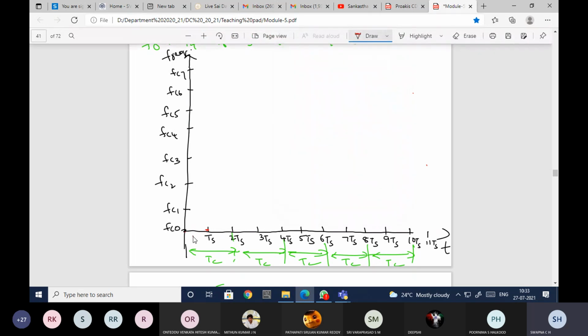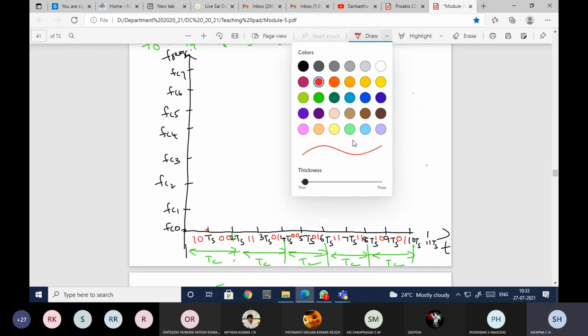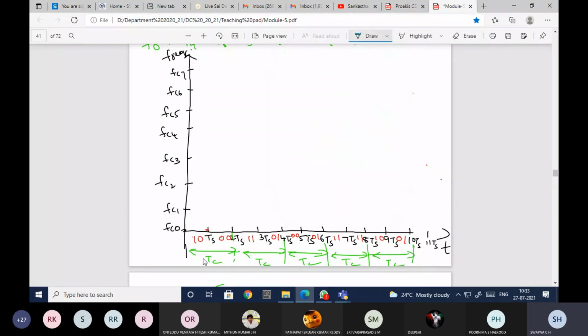What is the given data? 1, 0, 0, 0, 1, 1, 0, 1, 0, 0, 0, 1, 1, 1, 1, 1, 1, 0, 0, 1. In this TC duration, I need to transmit 2 bits.